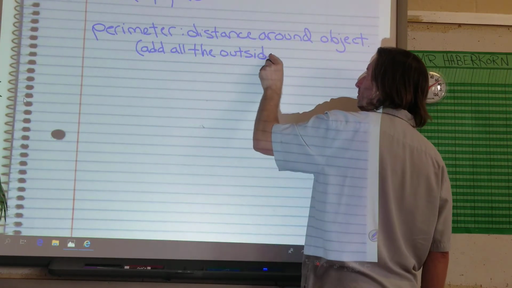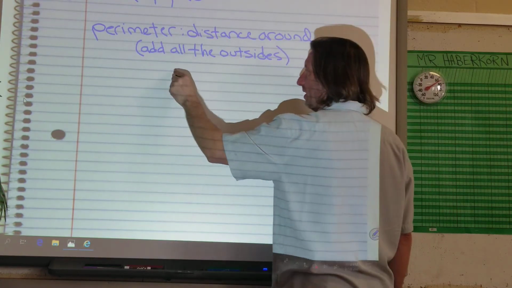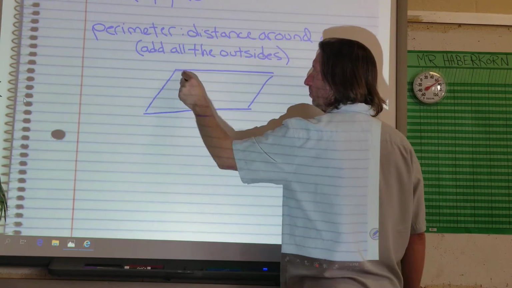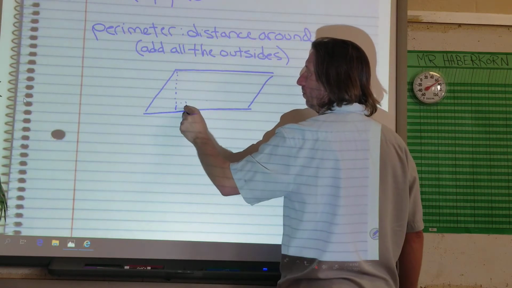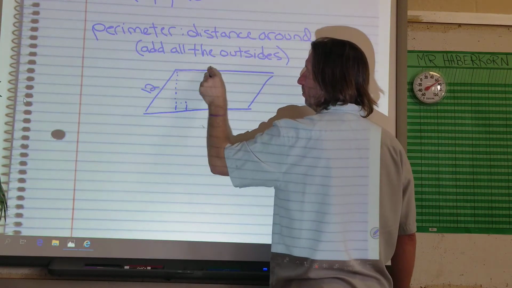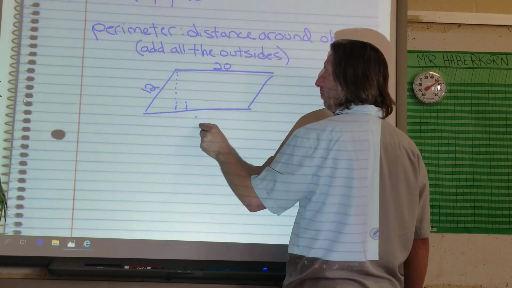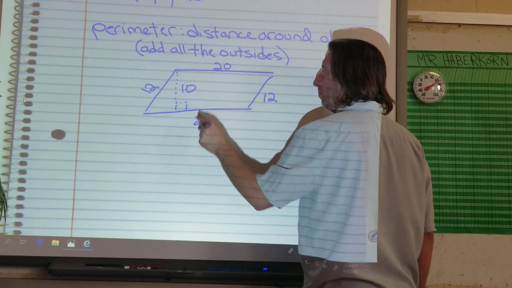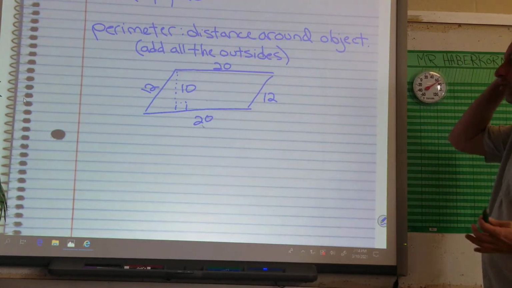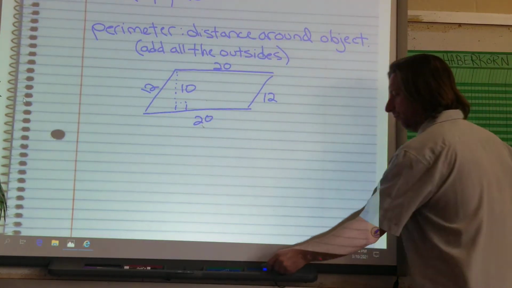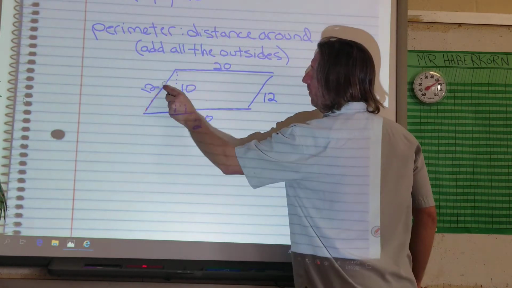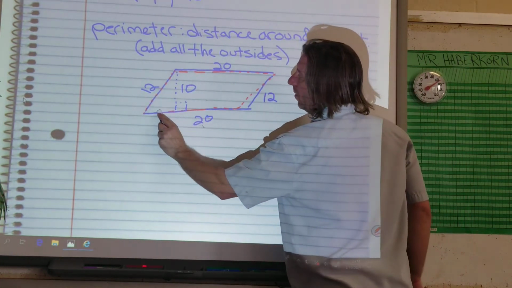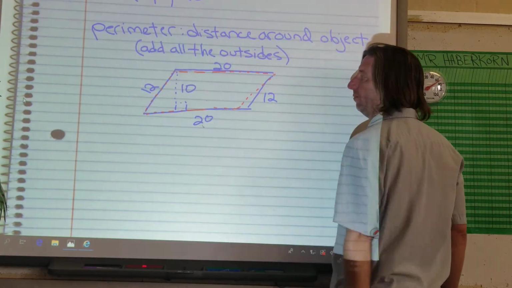So for example, if we had a parallelogram, so if I wanted to find the perimeter of this parallelogram, it's the distance around it. So notice I didn't cut through the middle.